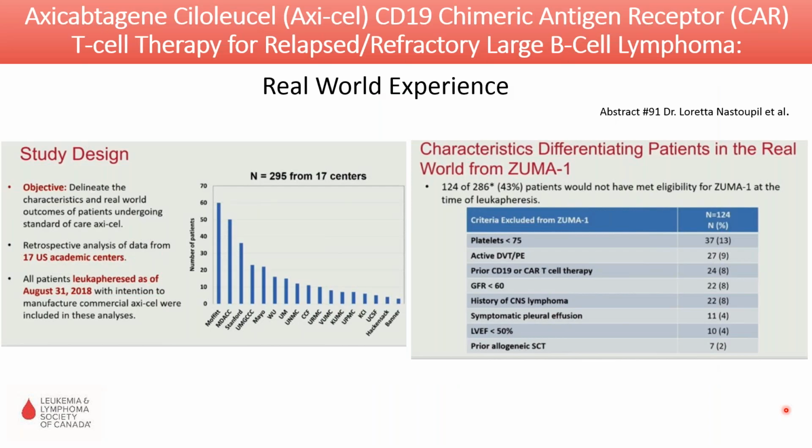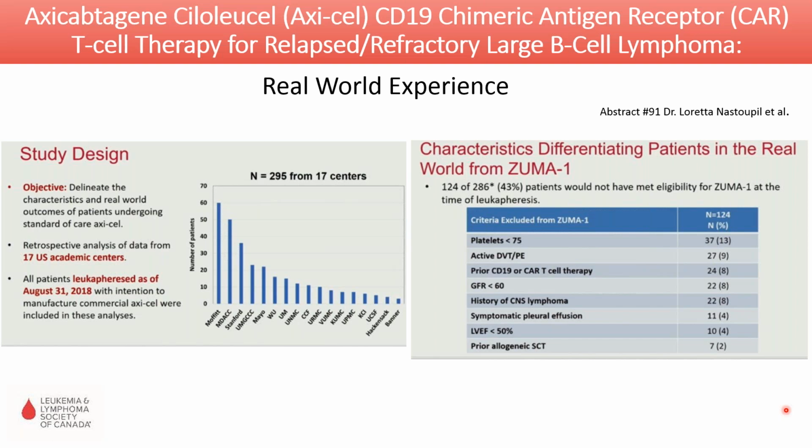What I wanted to show you is the experience of using this therapy outside of clinical trials. As a clinician, when I have access to a new therapy, I'm going to be using it on many different patients who may not have been eligible for the clinical trial for many different reasons. Maybe they had a blood clot, or maybe they had a low platelet count, or something else that would normally exclude them, but wouldn't exclude them clinically from receiving the therapy.